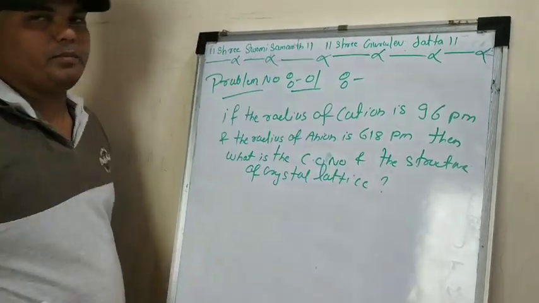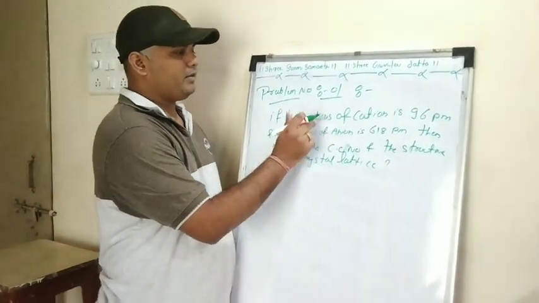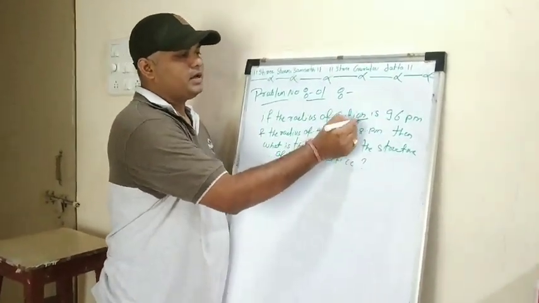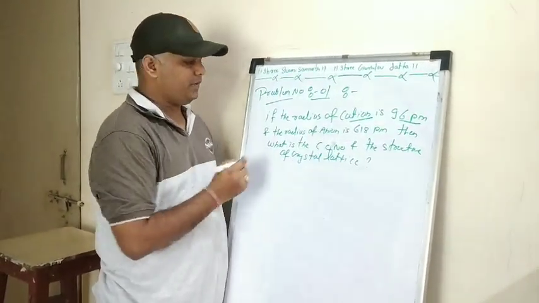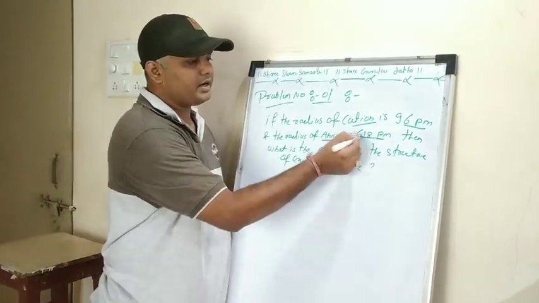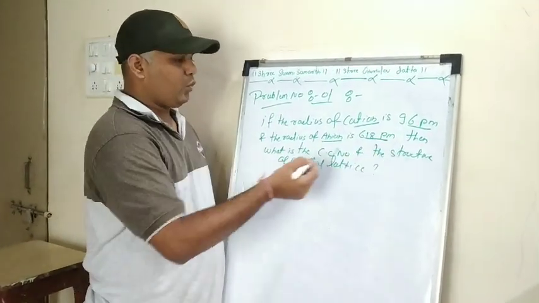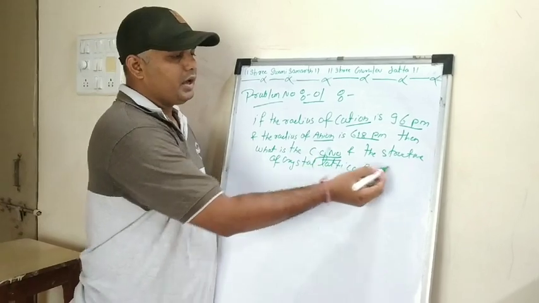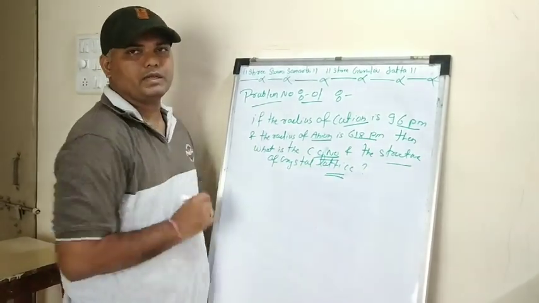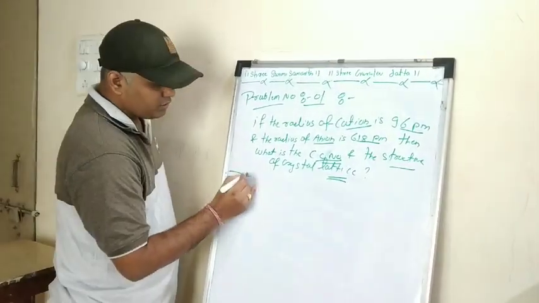So this is the problem. In the problem you can see the radius of the cation is 96 picometer, the radius of the anion is 618 picometer, then what is the coordination number and what is the structure of the crystal lattice? So these two things we need to do.